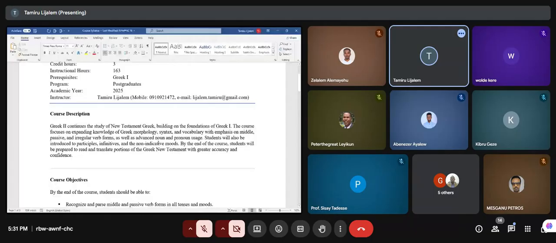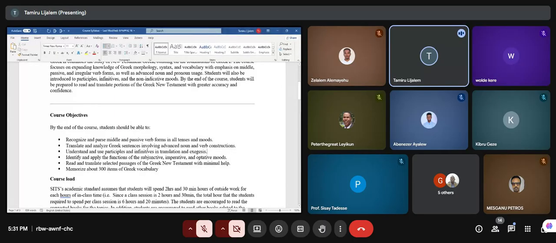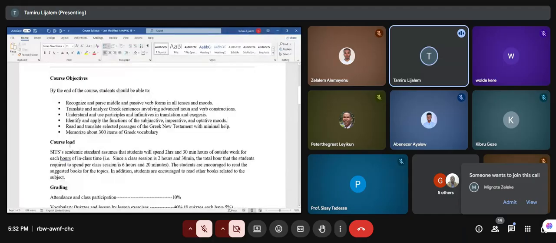By the end of the course, students will be able to recognize and parse middle and passive forms for all tenses and moods, and translate and analyze Greek sentences involving advanced noun and verb constructions, understand and use participles and infinitives in translation and exegesis, identify and apply the function of subjunctive, imperative, and optative moods, read and translate selected passages of the Greek New Testament, and learn 300 items of Greek vocabulary.